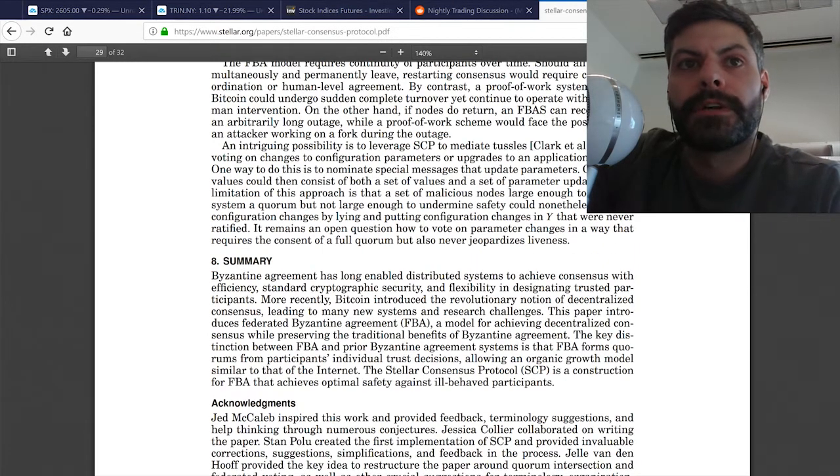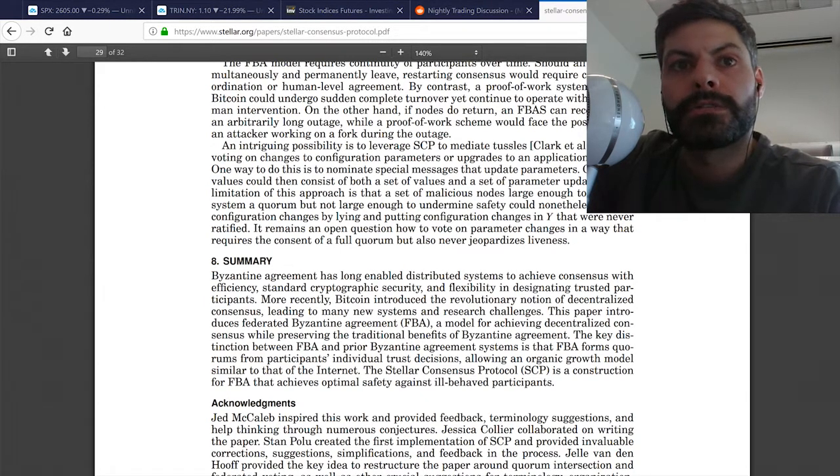8. Summary. Byzantine agreement has long enabled distributed systems to achieve consensus with efficiency, standard cryptographic security, and flexibility in designating trusted participants. More recently, Bitcoin introduced the revolutionary notion of decentralized consensus, leading to many new systems and research challenges.